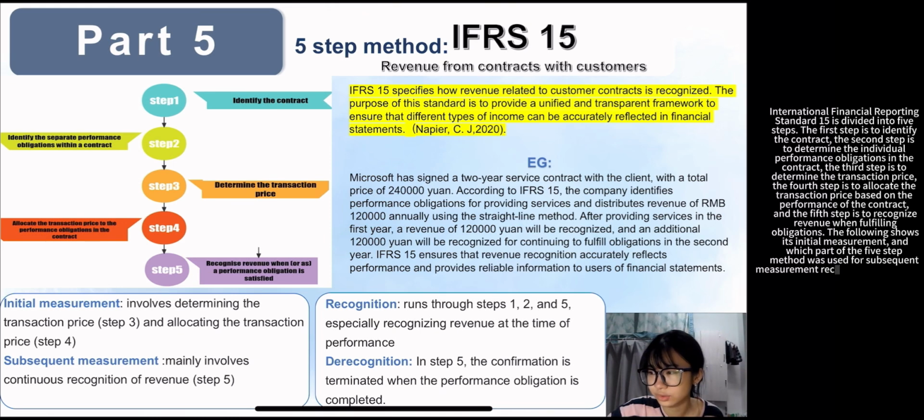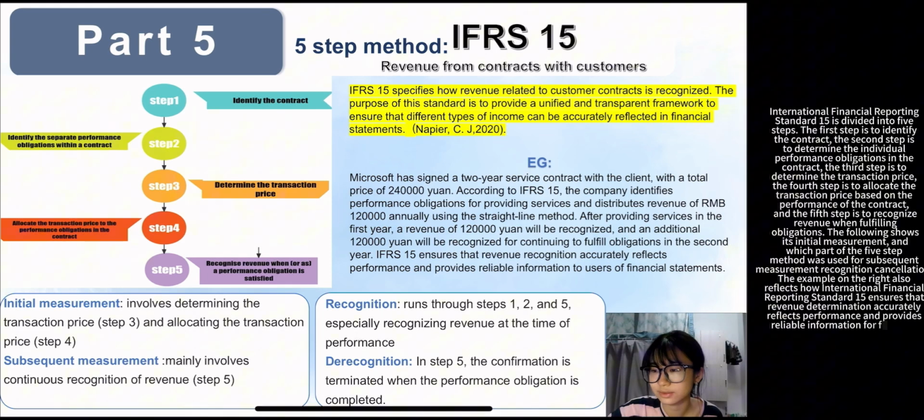The following shows the measures for each part of the 5 steps, and the example on the right also reflects how IFRS 15 ensures that the revenue actually reflects performance and provides reliable information for financial report users.